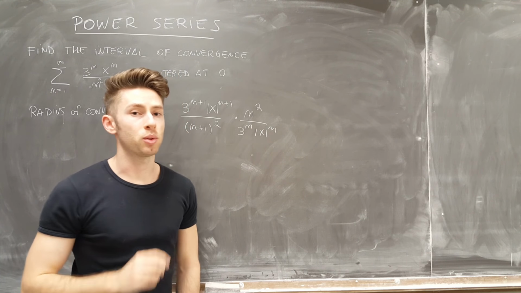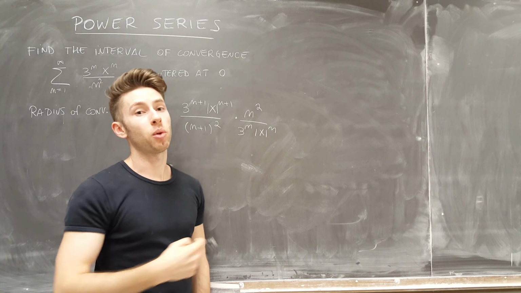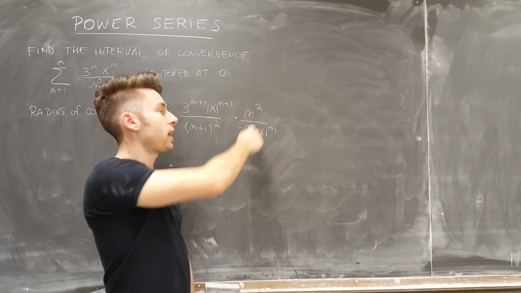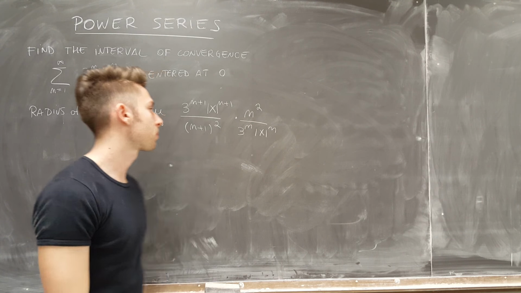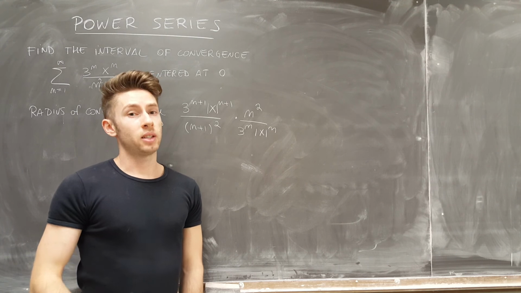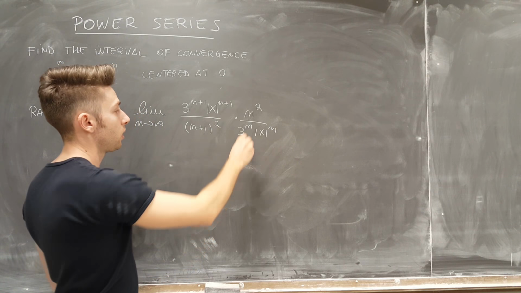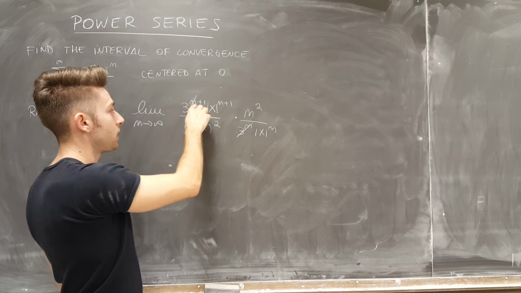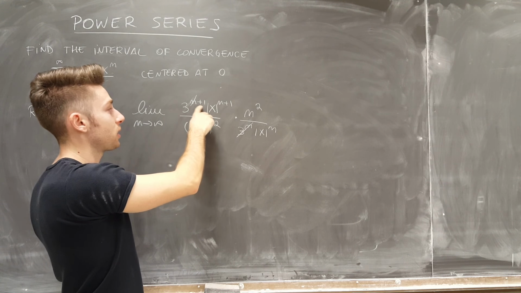and again, the absolute value is only needed here where the variable is, because 3 to the n and n squared are positive already. Now we're going to cancel whatever we can, and we're going to combine similar terms. So 3 to the n and this 3 to the n cancel, leaving us with a 3.